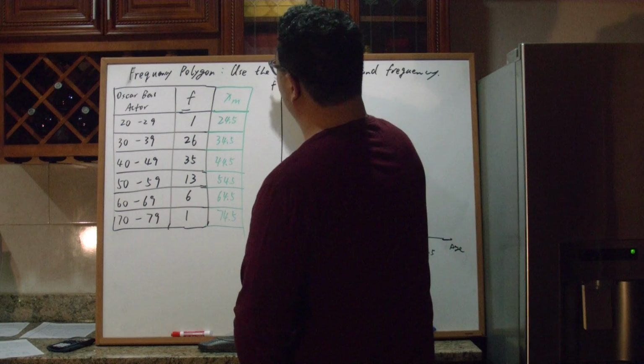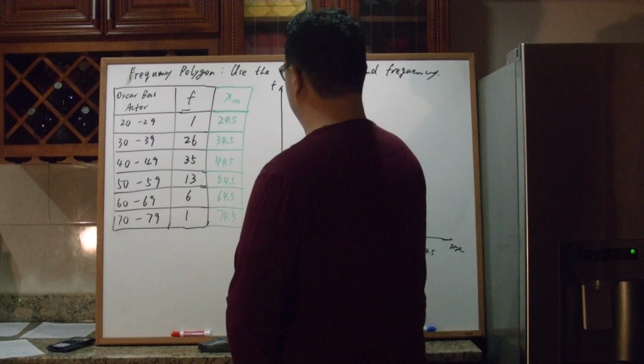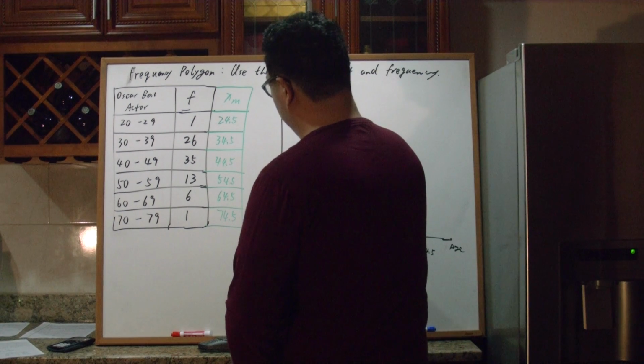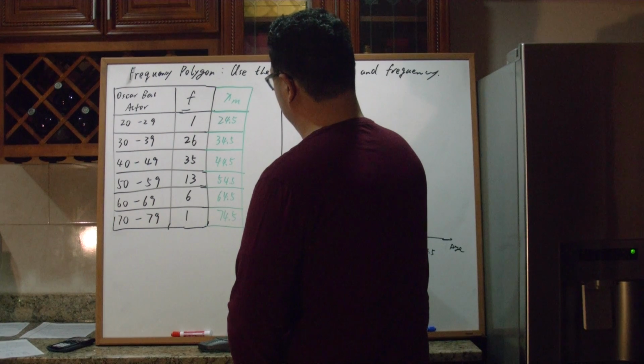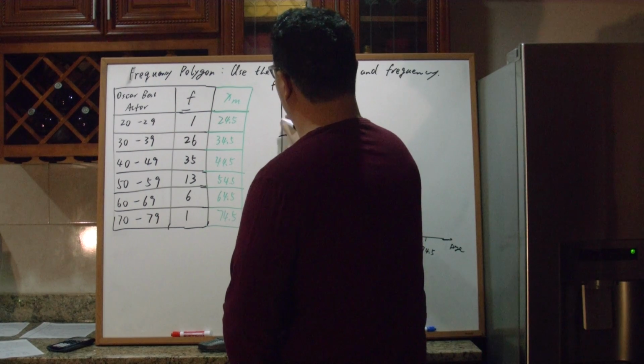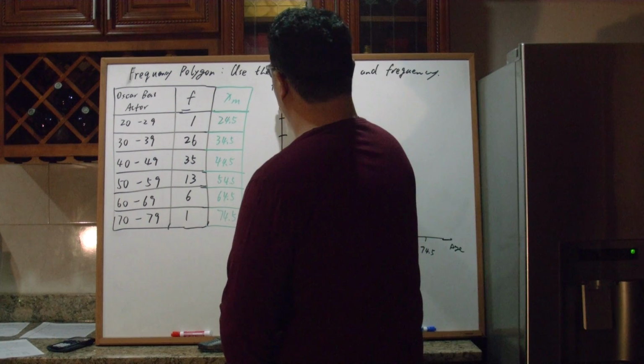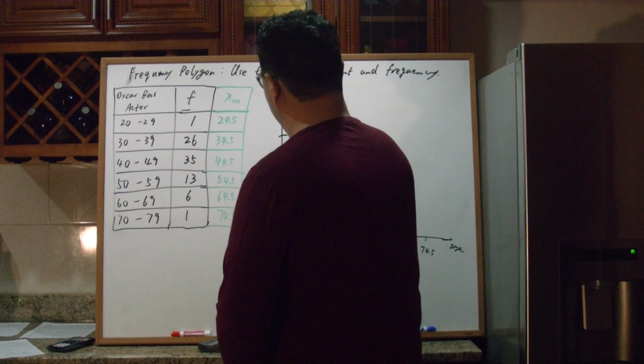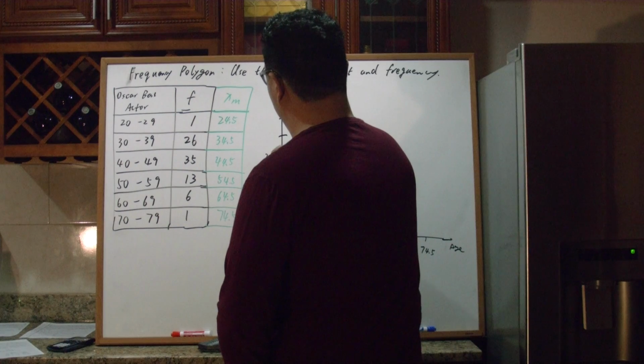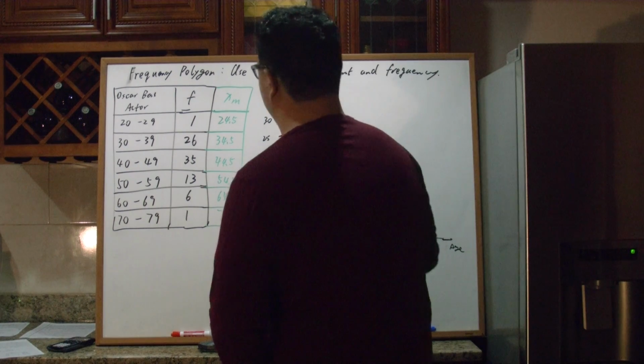The vertical scale we use is still the frequencies, with 5 as a gap, going up to 35.